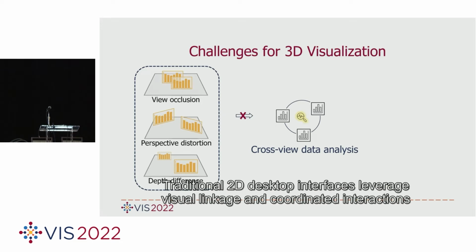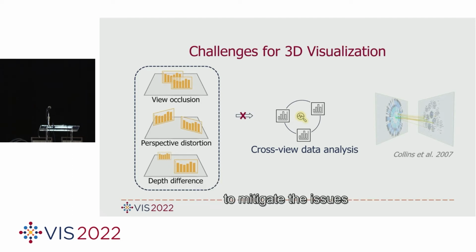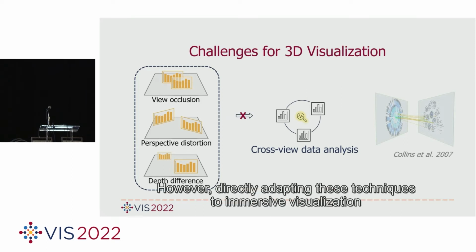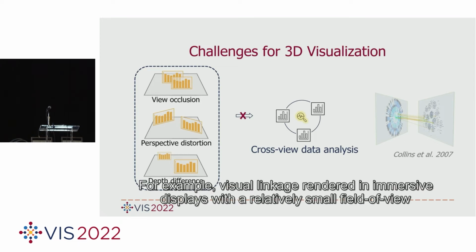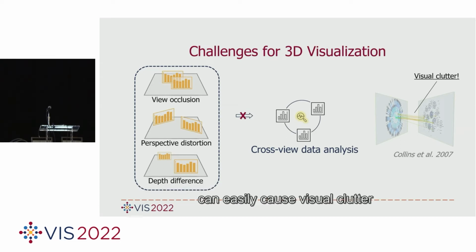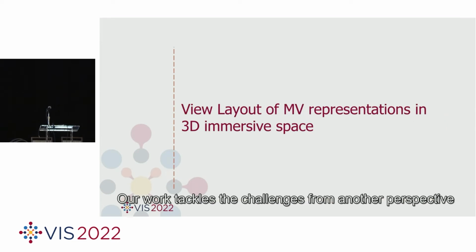Traditional 2D desktop interfaces leverage visual linkage and coordinated interactions to mitigate the issues. However, directly adapting these techniques to immersive visualization may bring in other issues. For example, visual linkage rendered in immersive displays with a relatively small field of view can easily cause visual clutter. Our work tackles the challenges from another perspective.